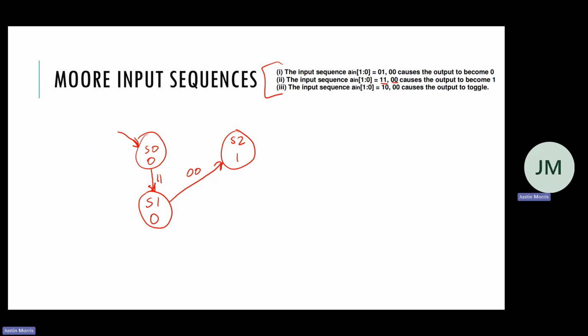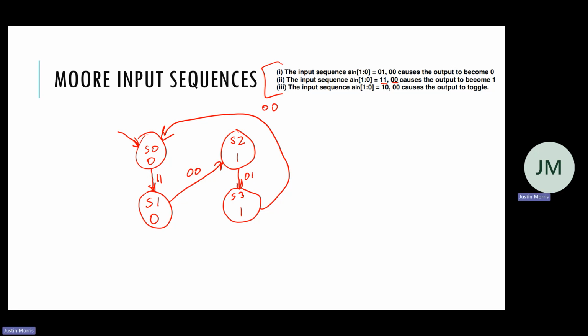And then let's just do the same thing for when we're at 1, which is the first statement. So S3. This is still outputting 1, right? But in order for it to toggle, I need to see 0, 1, and then 0, 0, right?